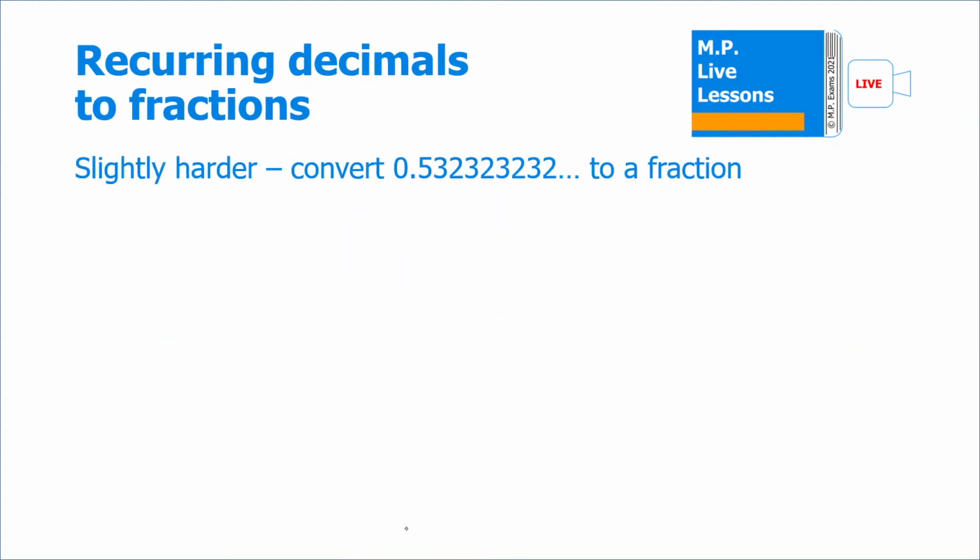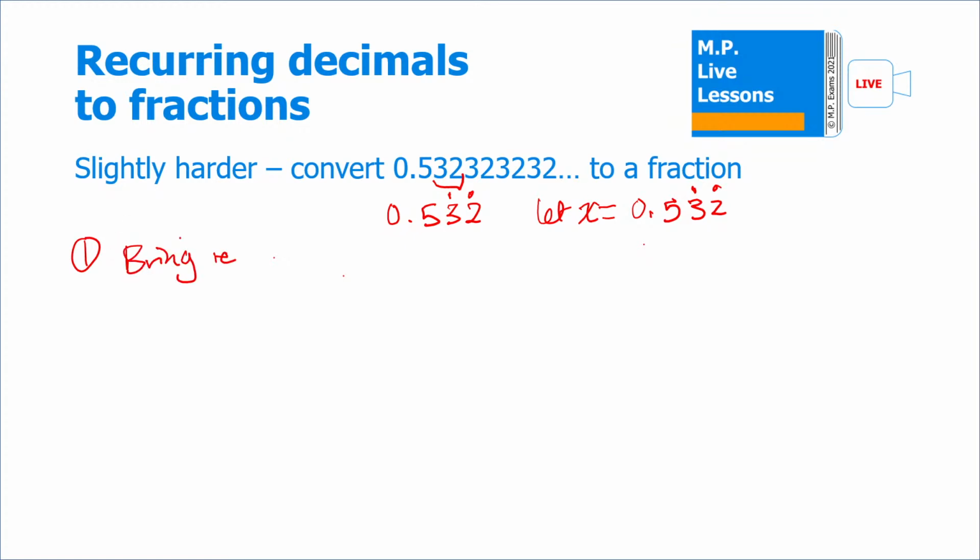There may be some harder variants, such as this, where we have a 3-2 recurring bit, the one that repeats, doesn't start immediately. I'd recommend the let x equal the recurring decimal method again. So step 1 is to bring the repeating unit, or the recurring unit, next to the decimal point. So you multiply it by 10 in this case.